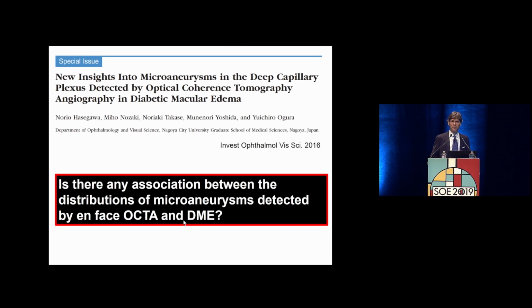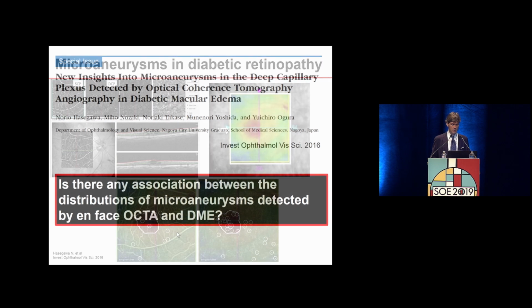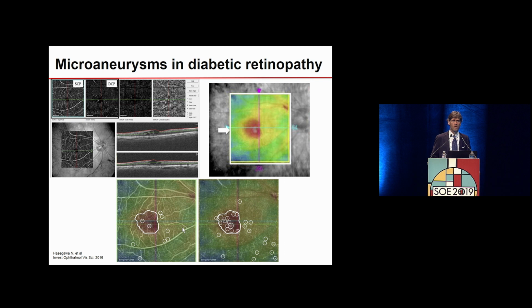Then this is probably the first publication looking at the microaneurysms, and the authors looked at the localization of microaneurysms at the different levels, so superficial and deep capillary plexus, and tried to make a correlation with the localization of cysts. So as you can see from this slide, here we have the superficial capillary plexus, and here the deep capillary plexus.